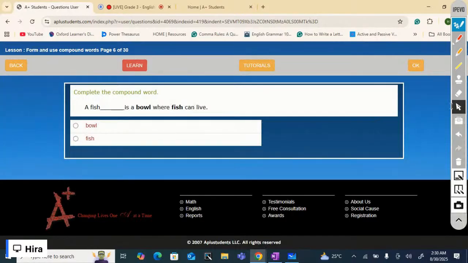A fish blank is a bowl where fish can live. Two options, bowl or fish.